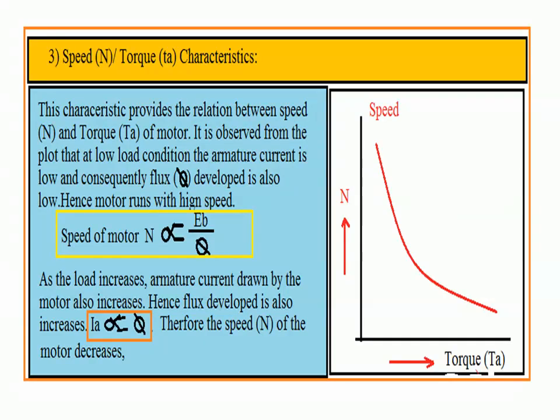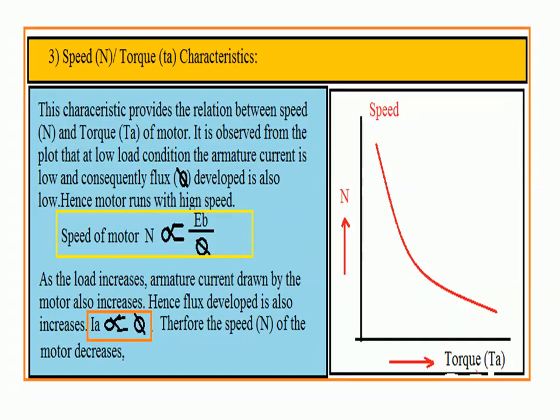Number three, speed versus torque characteristics. The name itself implies this characteristic gives the relation between the speed of the motor and the torque developed in the motor. Again, the speed of the motor is directly proportional to Eb and inversely proportional to flux.